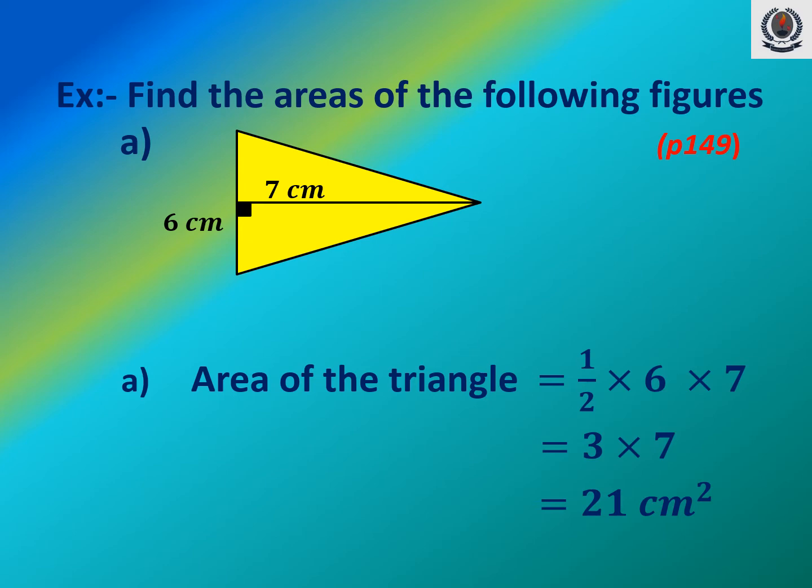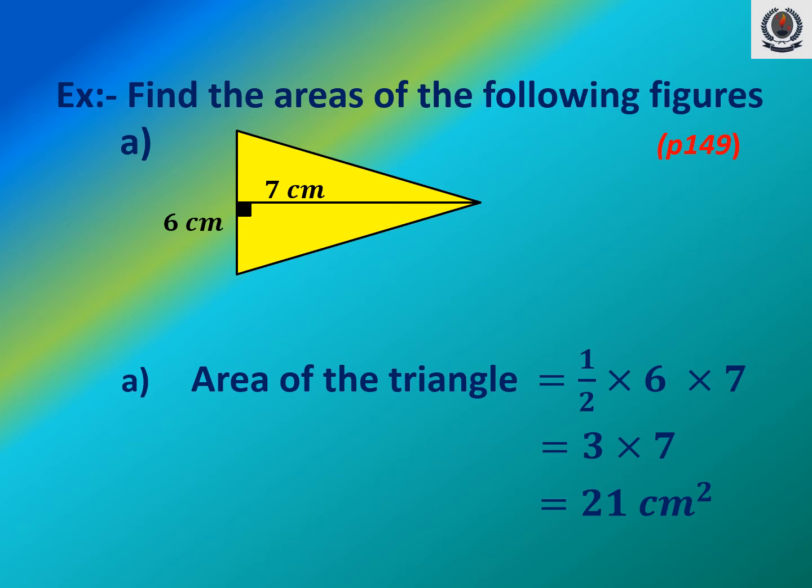Example: find the area of the following figures. Now the base length is 6 cm, perpendicular height is 7 cm. Therefore, area of the triangle equals half into base 6 into perpendicular height 7.